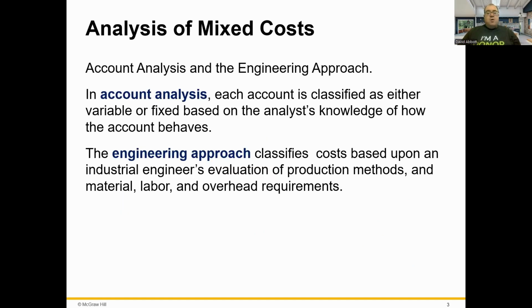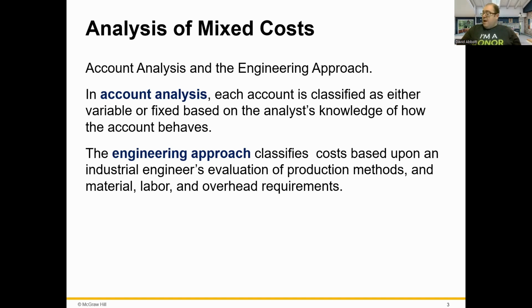But how is this important for a business application? There are two approaches: an account analysis and an engineering approach. An account analysis is where an account is classified as variable or fixed based on the analyst's prior knowledge of how cost in that account occurs.